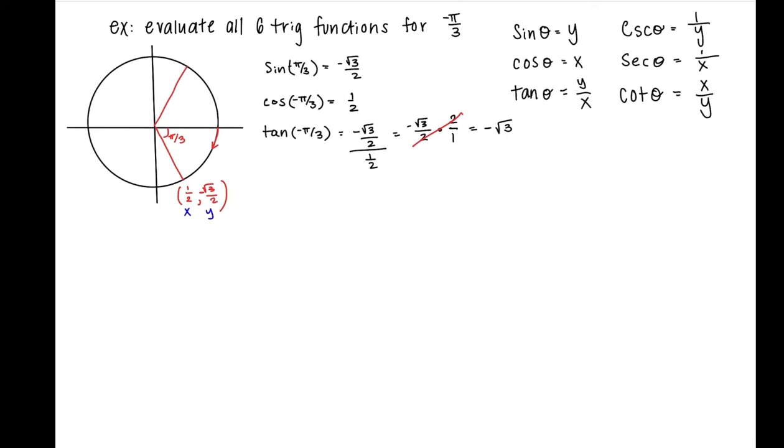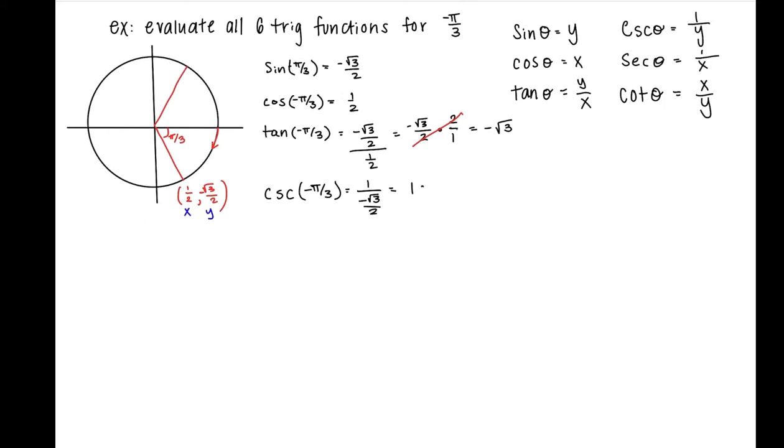Okay, now I can do my reciprocal functions. So I'm going to look at cosecant of negative pi over 3. So that is 1 divided by my y value. So if I do 1 divided by my y value, okay, I end up with another mega fraction.